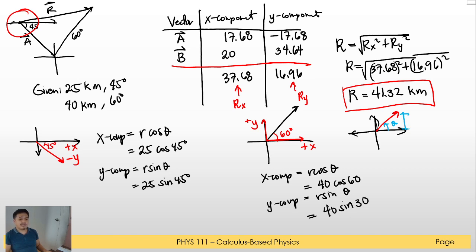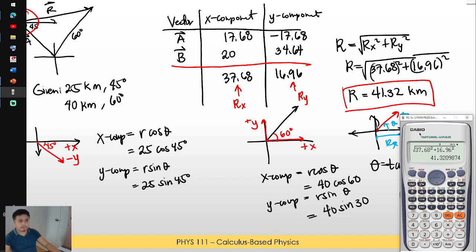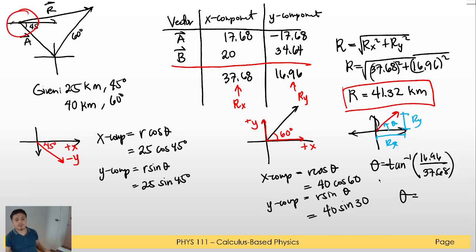So we could just do this directly. Your Ry will be this, and your Rx will be just this. The theta will be equal to arctangent of 16.96 over 37.60. So arctangent of 16.96 over 37.60 gives 24.23.